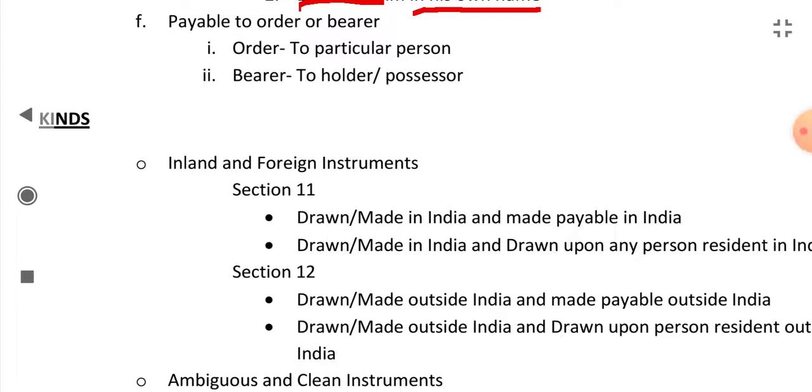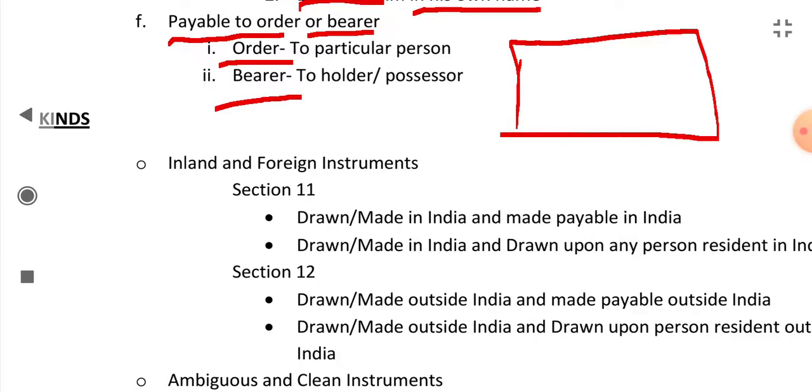Next, it is payable to order or bearer. What is order or bearer? If in any instrument it's written pay B or order, then the payment will be done to B or on the order of B, to whoever's name is written there.